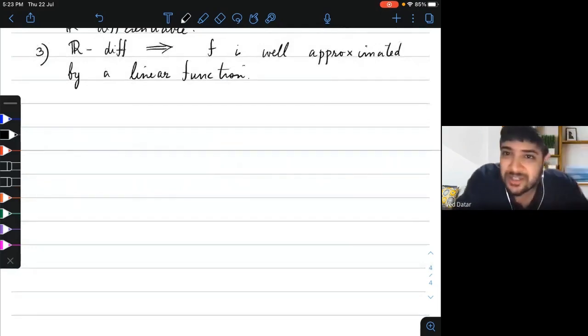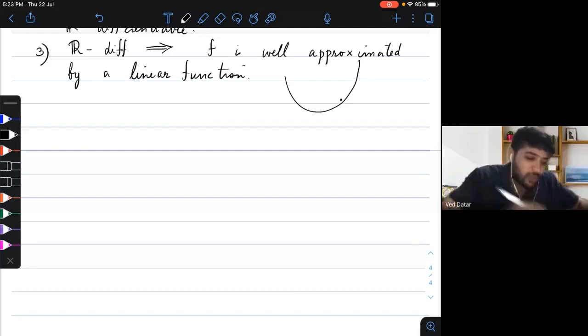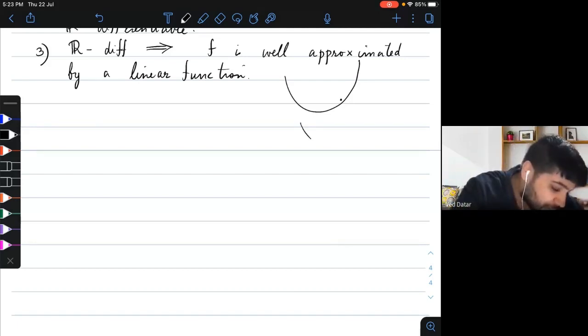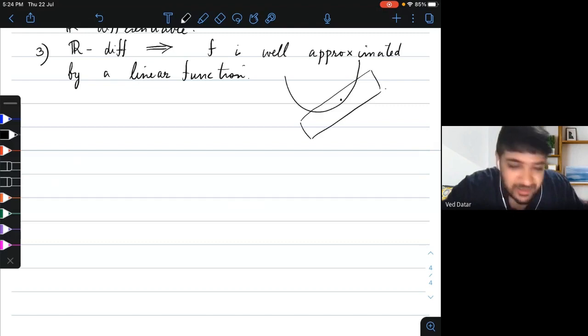I can't draw the graph of a function from R2 to R2, but if you think about a real valued two variable function, and the graph looks like, for instance, a paraboloid, then you should be able to approximate the graph by the tangent plane to your paraboloid at that point.